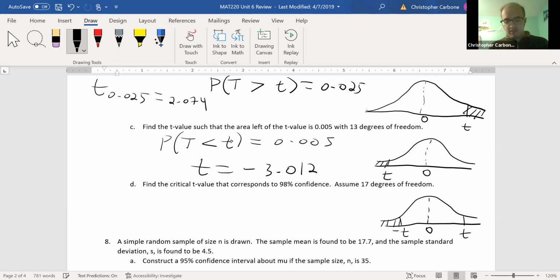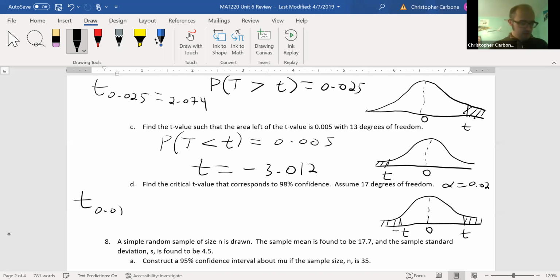The area to the left of the negative value and to the right of the positive value must add up to be the remaining 2%. So this is with alpha being 2% or 0.02. This is alpha sub 0.01, since we divide it in half due to this being a two-tailed test.